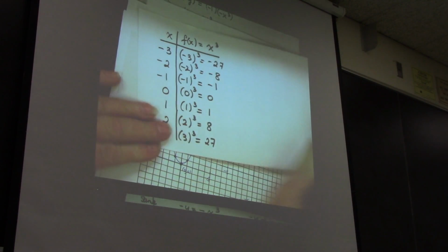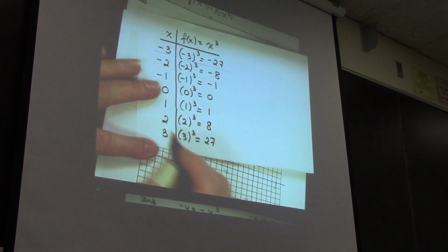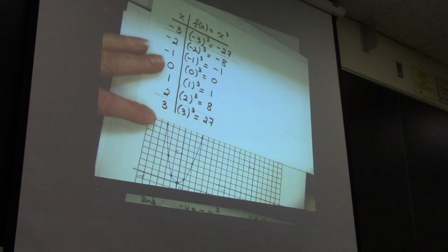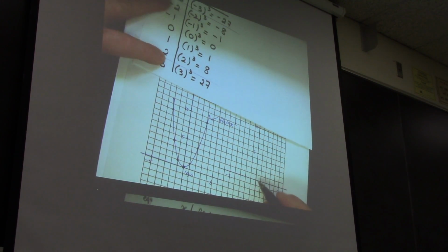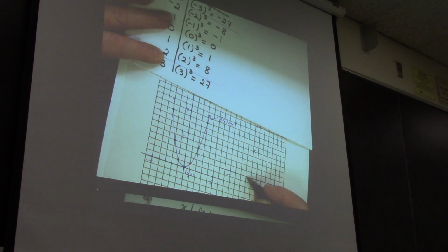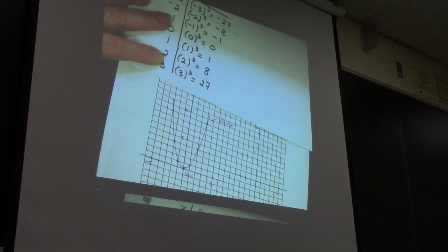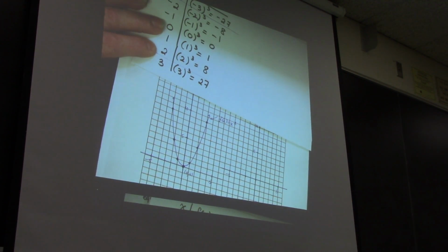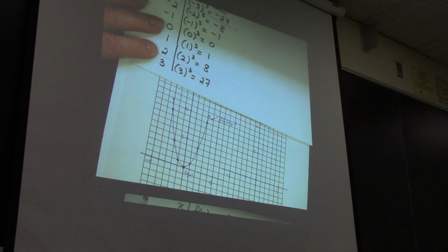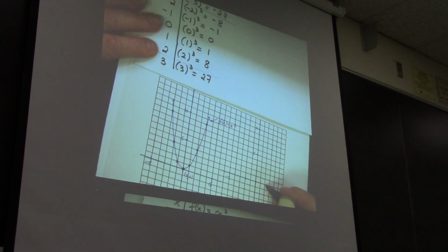Okay, so again, I'm not going to plot that one or that one, but I will plot -2 comma -8.